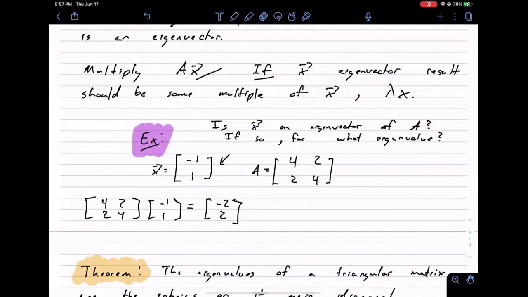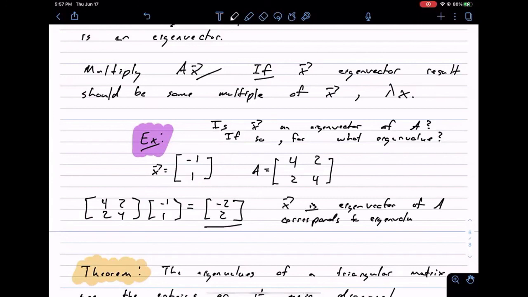Yeah, this is just a multiple of X. What is the multiple? This is equal to 2 times X. So X is an eigenvector of A, and it corresponds to eigenvalue 2.